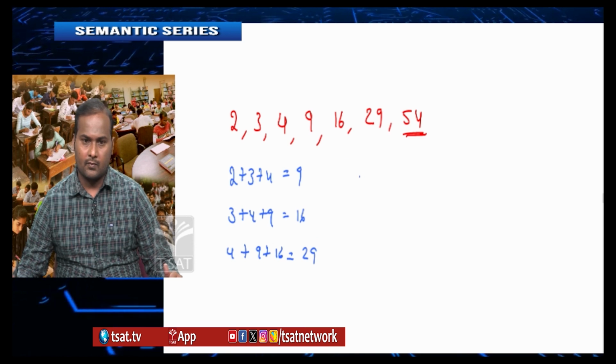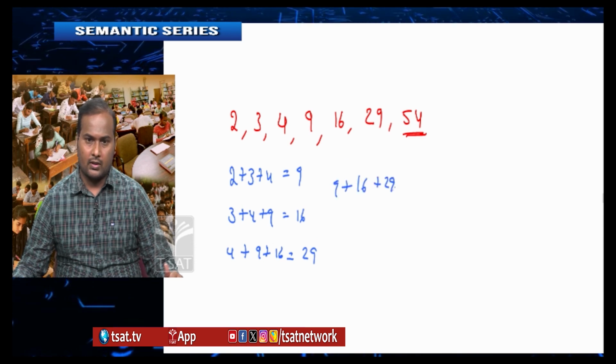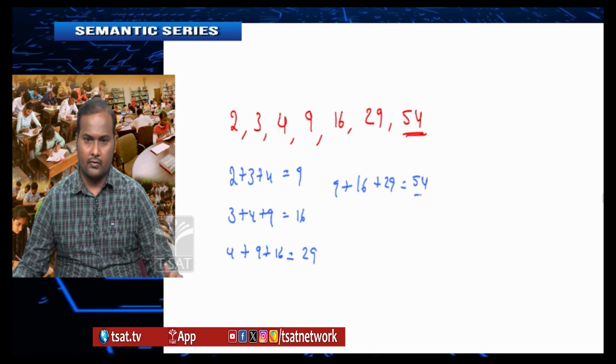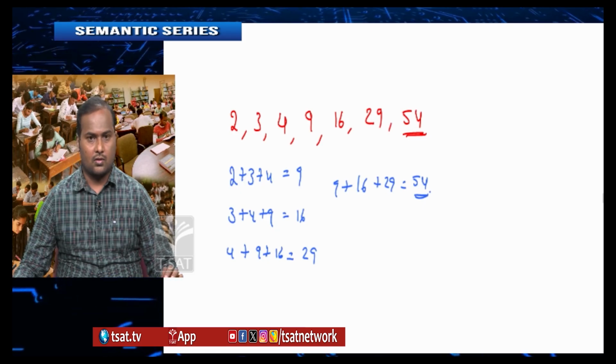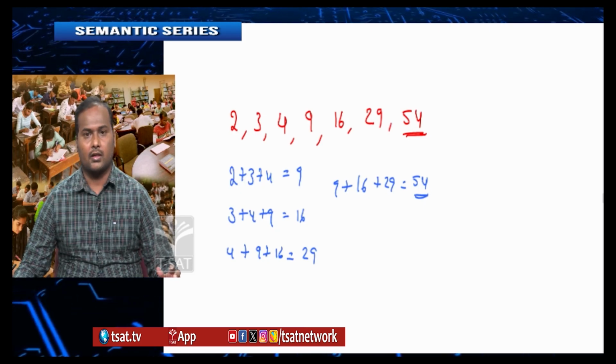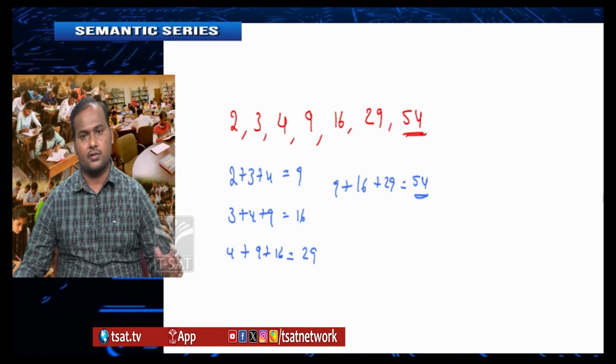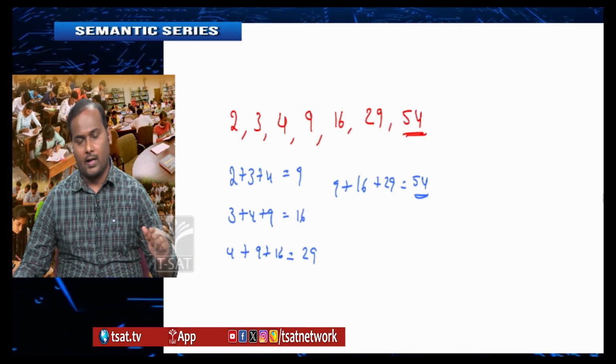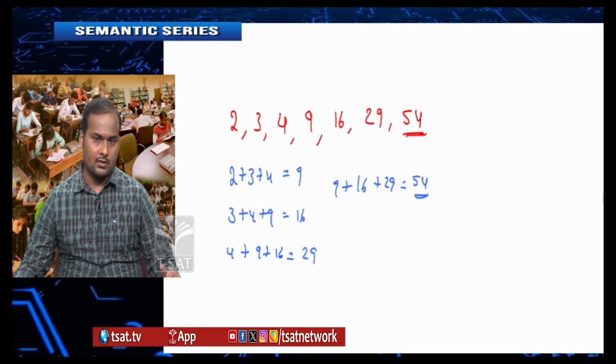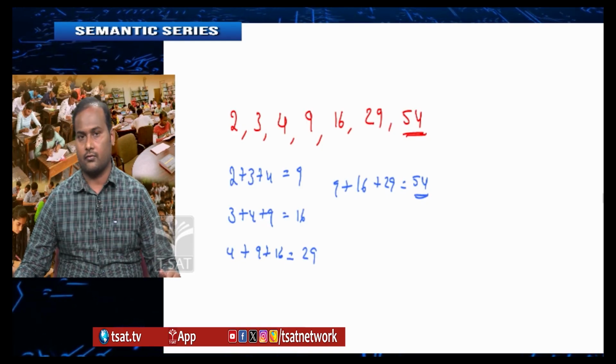In the same way, 9 plus 16 plus 29, we will get 54 as the answer. So this is called a Fibonacci series. Generally, we get it by the addition of the previous three numbers. So here are two types: by adding the previous two, and the next pattern, by adding the previous three. So these are the two types of Fibonacci series.